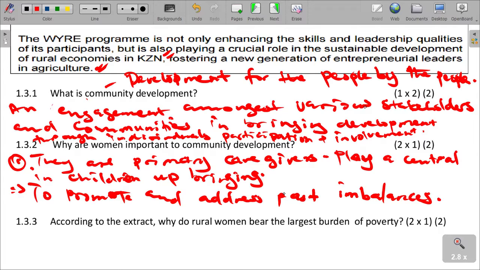So it is very important to involve women because we are able to redress problems or inequalities that were done before, and also to bring diverse perspectives.